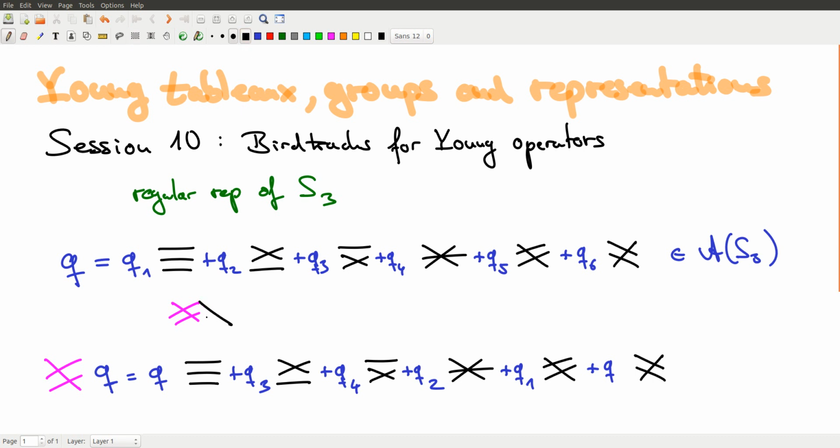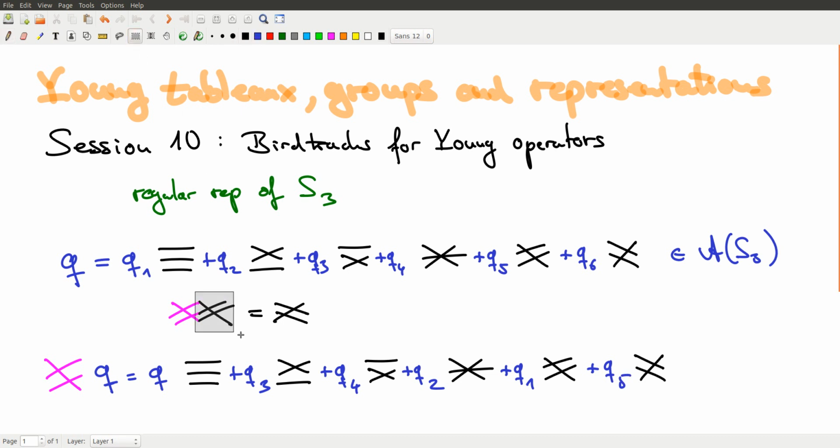Now we multiply this with the same. So we take the square of the pink thing. What's that? 1 goes to 3, 2 goes to 1, 3 goes to 2. So this is the other cyclic permutation. This means the coefficient Q5 will show up here.